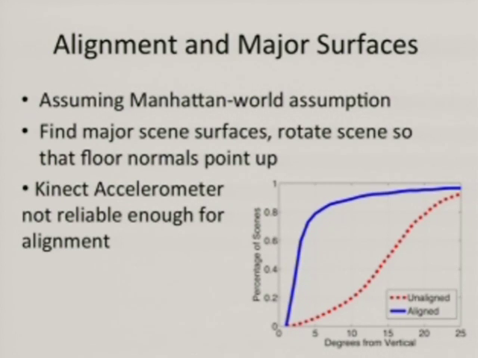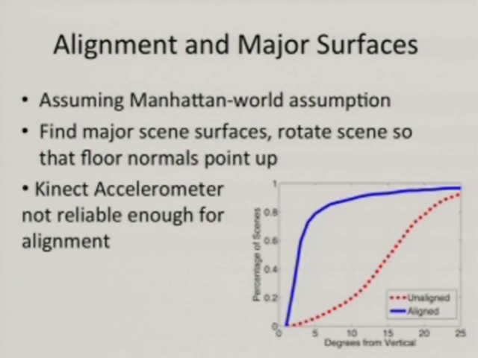Unfortunately, it's just not sensitive enough. But using this software-based plane fitting approach, we can get about 80% of the scenes to within about 5 degrees, meaning the normal vector from the floor is within 5 degrees of vertical. There's a small number of scenes for which the floor isn't visible, which makes it much more challenging. So there's still a small fraction of scenes for which it's quite difficult to get the floor exactly aligned.